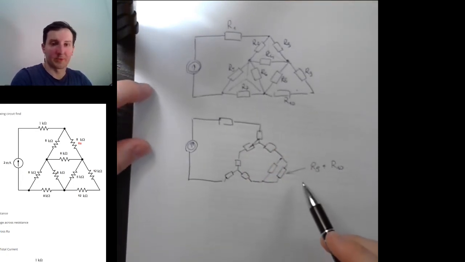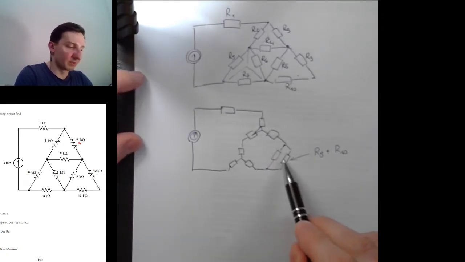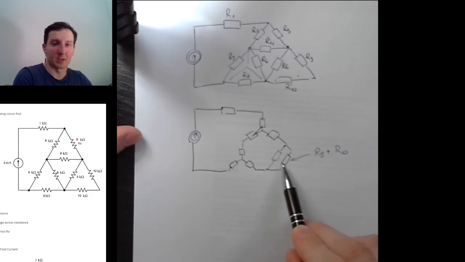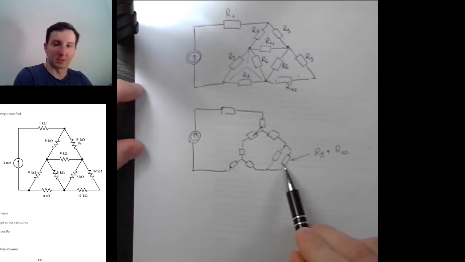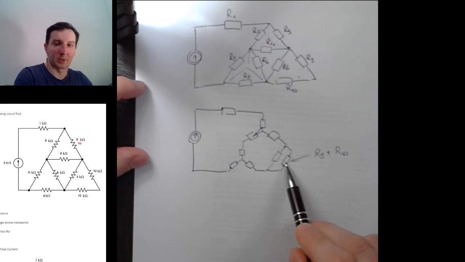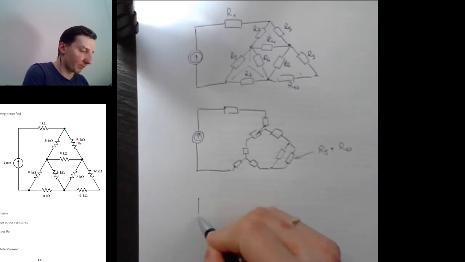And if we have the graph as follows, we can calculate the equivalent resistance of these 2, because they are connected in parallel. So we can easily calculate the equivalent resistance of these 2. So again, we end up with something like this.